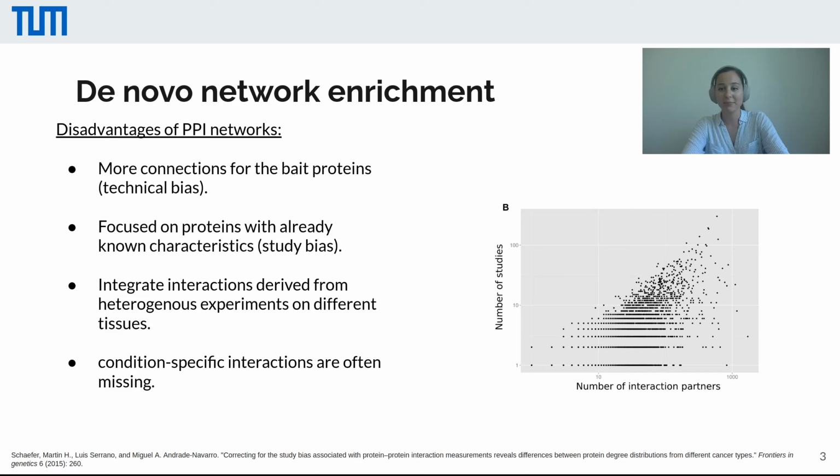Then there is a study bias, when researchers tend to focus on the proteins that have already been proven to be interesting for the community, and therefore there is a strong correlation between the number of studies conducted on a protein and the degree of the protein. Finally, protein-protein interactions usually do not differentiate between tissues and conditions, and therefore often let us observe interactions that would never happen at the same time.